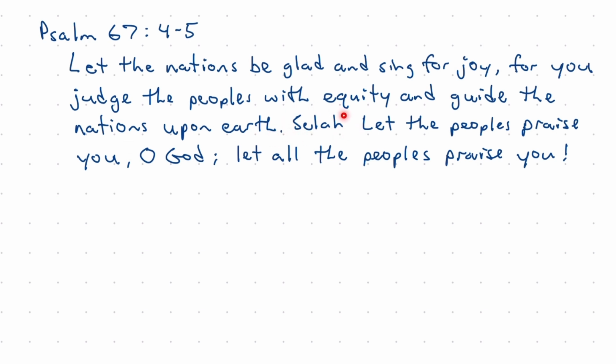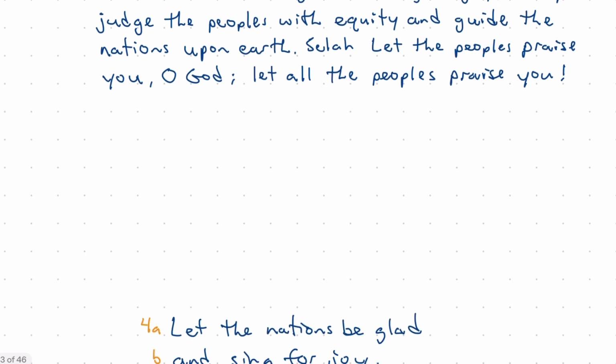Selah, this untranslatable Hebrew word that is part of the Psalms. And then the propositions go on. Let the peoples praise you, O God. The semicolon lets us know that we have a final proposition. Let all the peoples praise you! So let's divide that up into those basic propositions and then label them so that we can begin to understand the relationship between these propositions.